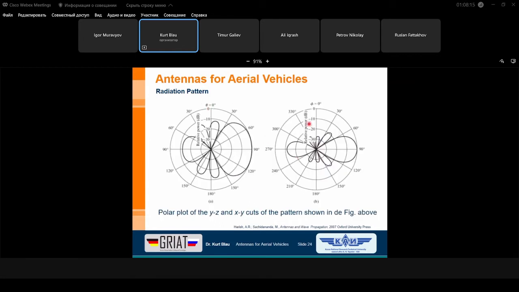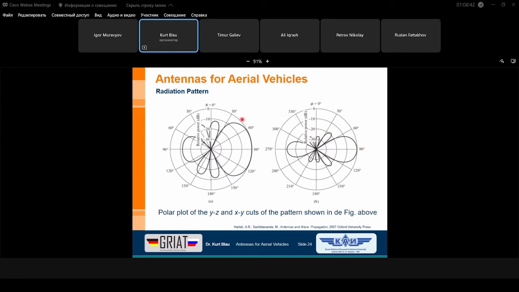Then the next diagram is the XY plane cut, because in the XY plane we have a very small half power beamwidth, in opposition to this one here. It means the antenna is not an extremely high gain antenna, but it is a high gain antenna.